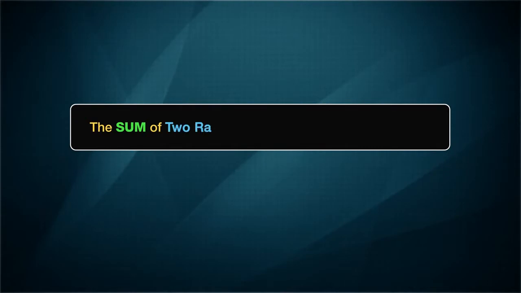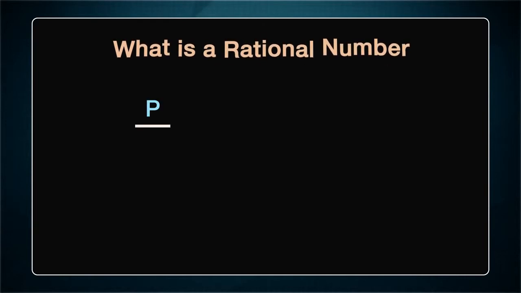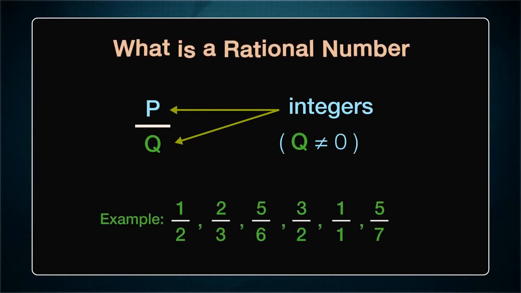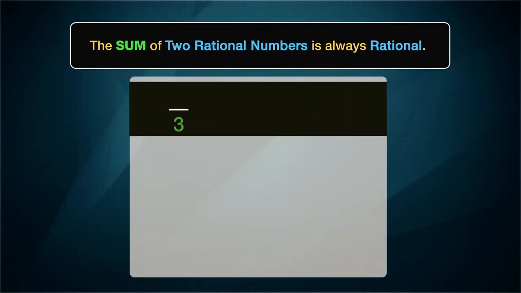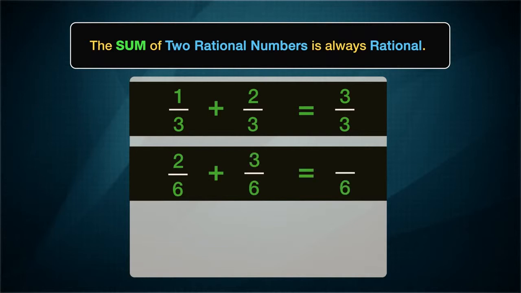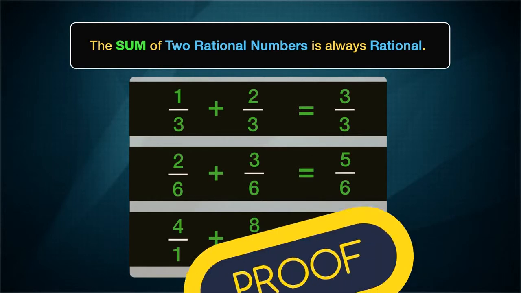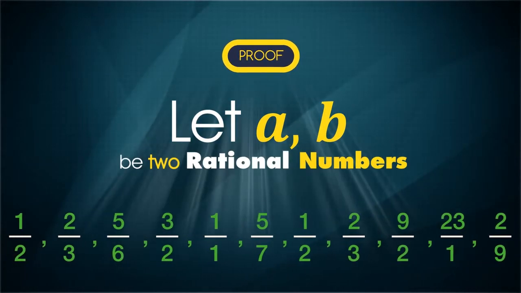The sum of two rational numbers is always rational. Proof: let a and b be two rational numbers.